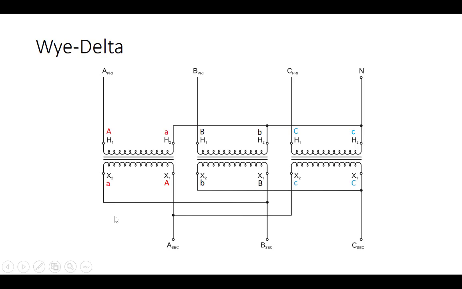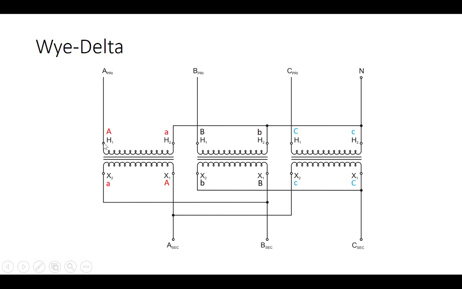This slide is the best way to show how we are taking 3 single-phase transformers and connecting them to give us a Y primary and a delta secondary. You'll see on the Y primary, on the 3 H windings, we have connected from our supply a line to the start of each H winding.